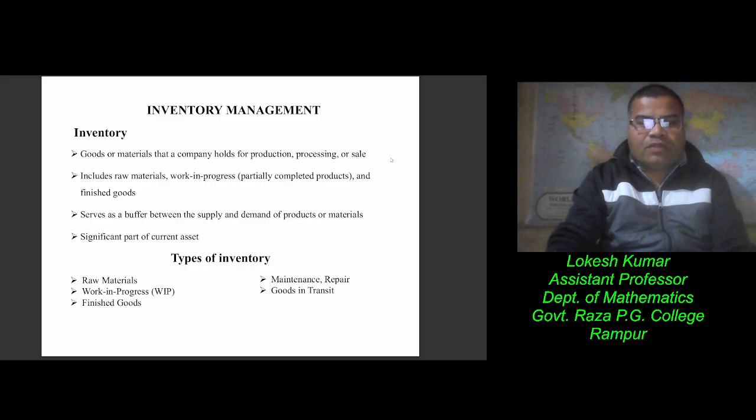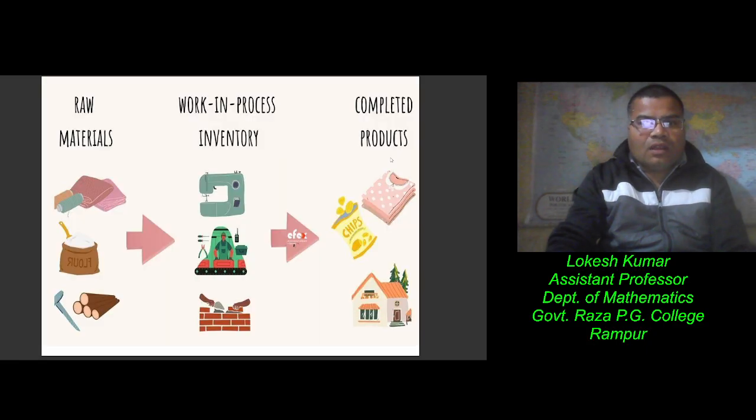Types of inventory. Inventory can be classified into raw materials, work in process, finished goods, maintenance, repairs, goods in transit, etc. They are the examples of the inventories. First is raw materials, second one is work in progress inventory, and third one is completed product or finished goods.